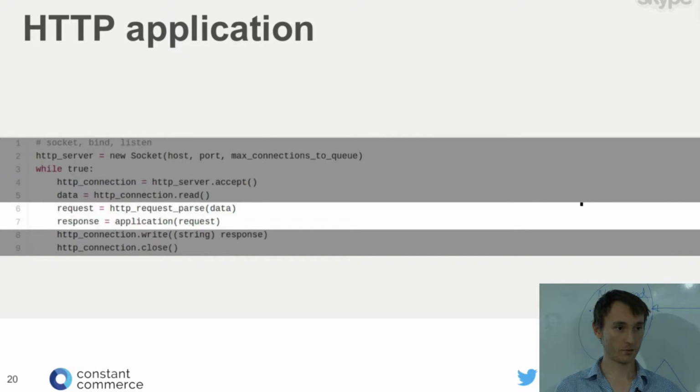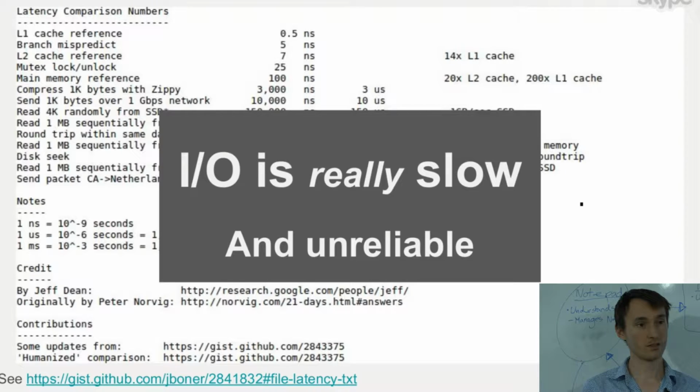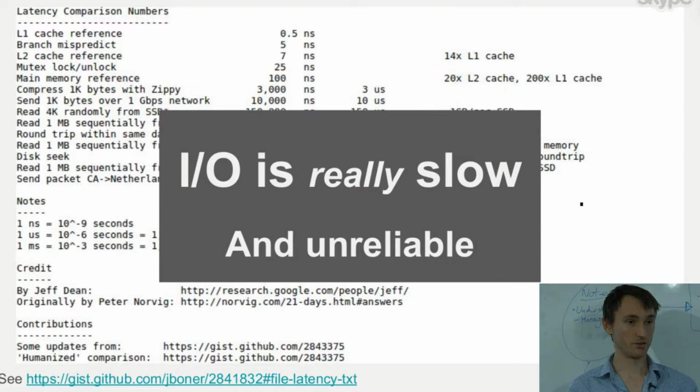So the game here, again, is to dequeue as quickly as possible. You get data from the client, you parse it as a request, you give it to your HTTP application, which creates a response. Then you write this response to the client socket, so the client receives something, and then you can close the connection. The issue is that I/O not only is really slow, but it's unreliable. Well, network anyway, because the client could have disconnected in the meantime.